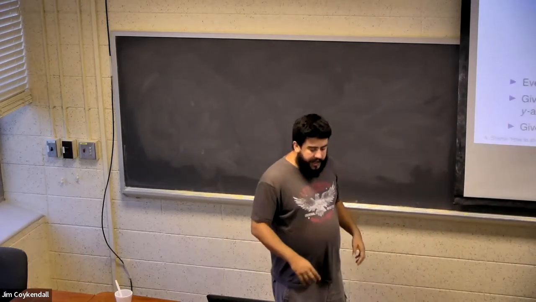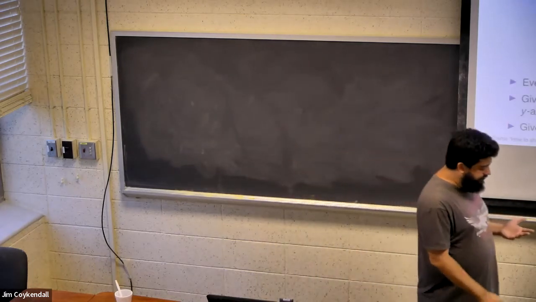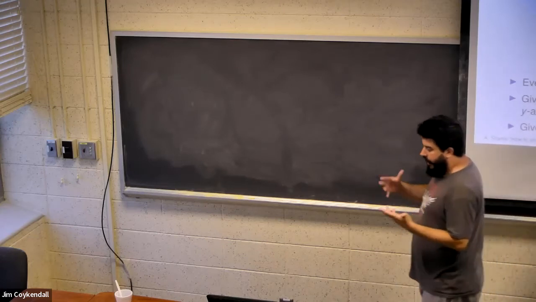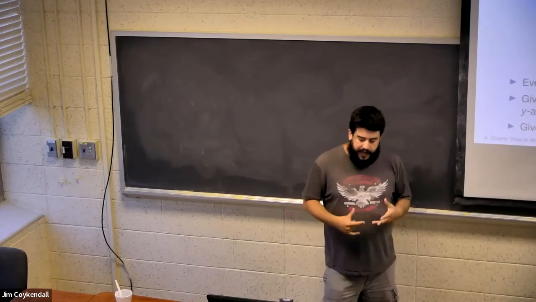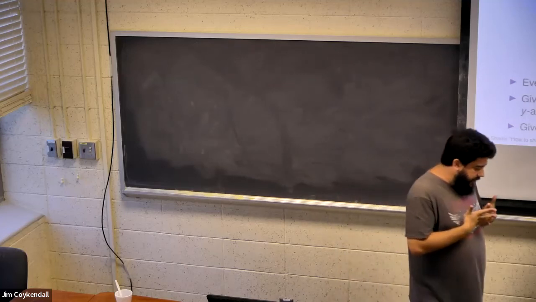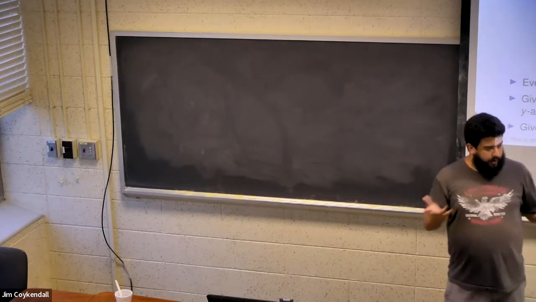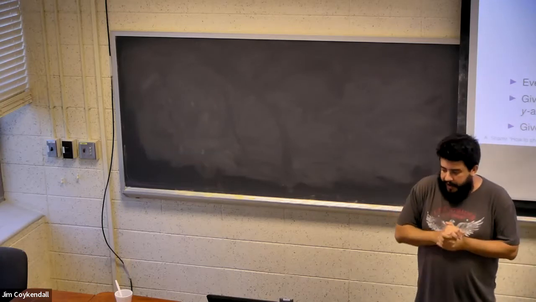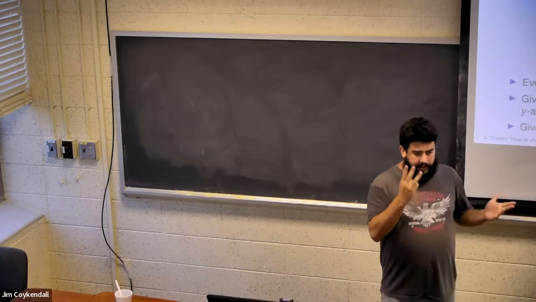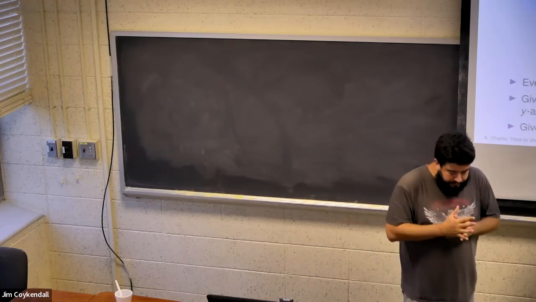So the intuitive idea behind this, and why you would use polynomials, is that if you have a first degree polynomial, just a line, it is determined by 2 points, right? If you have a second degree polynomial, you can determine it uniquely by 3 points.